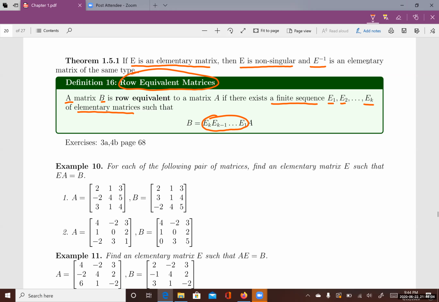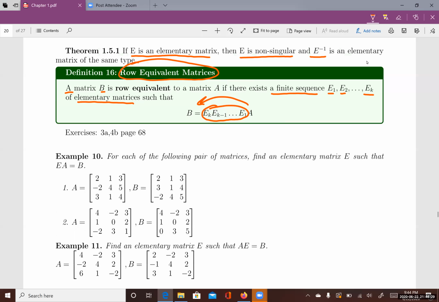So the fact that you have a product of a sequence of elementary matrices multiplied by a matrix A on the left means you can go from A to B by performing k row operations.